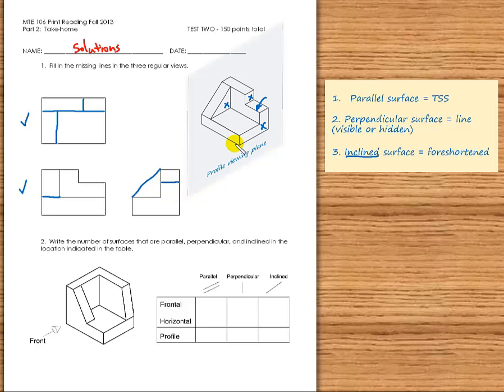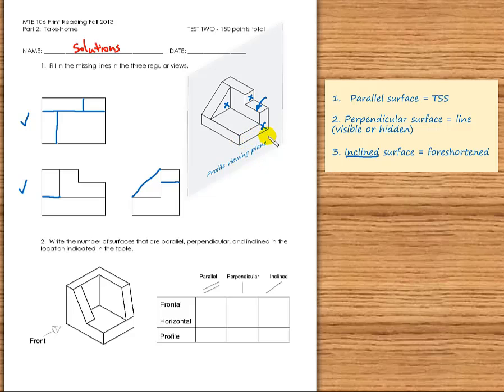Now just for a check, let's take a look at perpendicular surfaces. Here's one, perpendicular to the profile viewing plane. It should be represented as a line in the right side view, and it is. And this surface is also perpendicular to the profile viewing plane. It's represented by this line. The rear surface is represented by this line. It's perpendicular to the profile viewing plane.